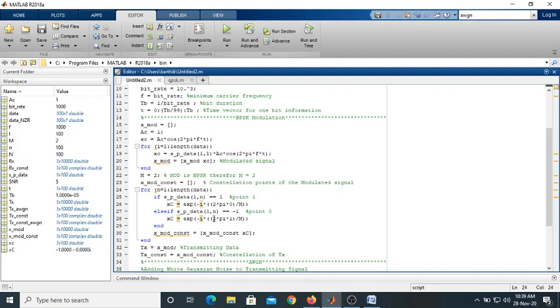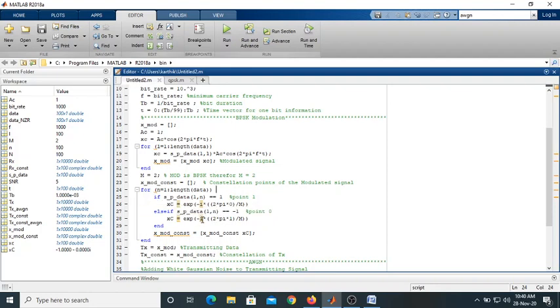Now the data is minus 1. What is the phase? x equal to e power minus j 2 pi into 1 by m. So what is m? m equal to 2. So m equal to 2 for BPSK. Now here what happens? e power minus j pi, or e power minus i pi.